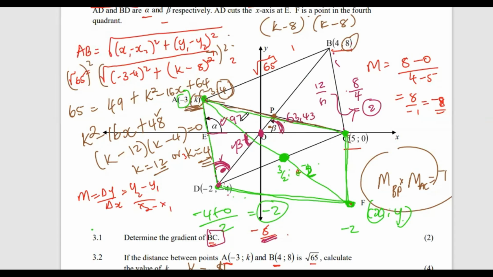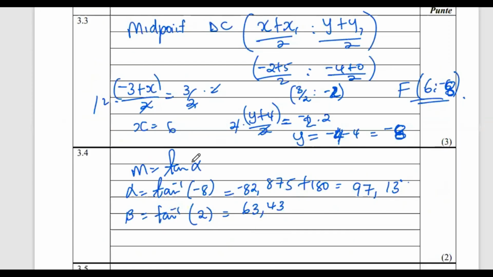This we got as 97,13. So this 63,43 plus this angle must give us that because of exterior angles of a triangle.